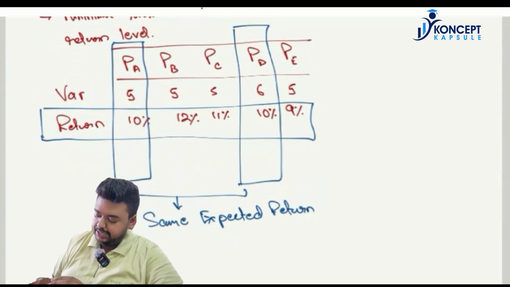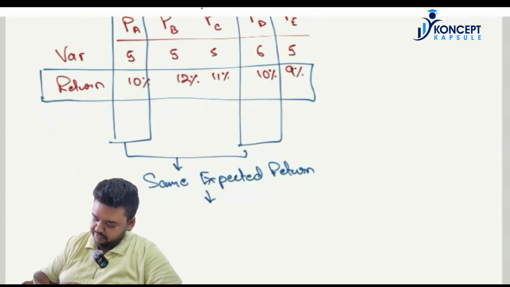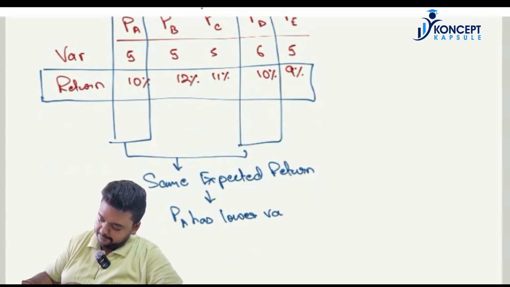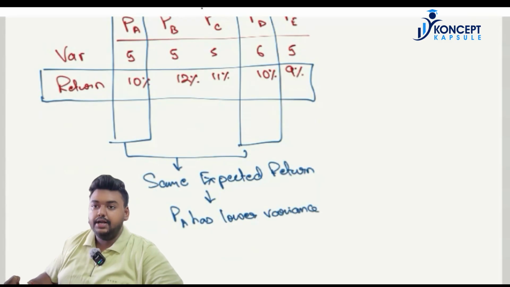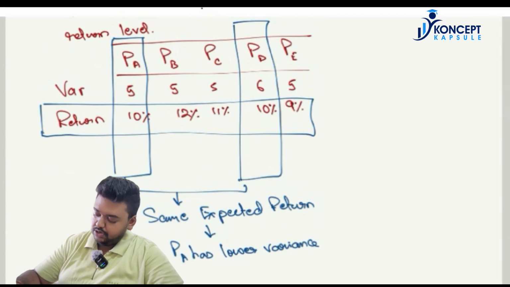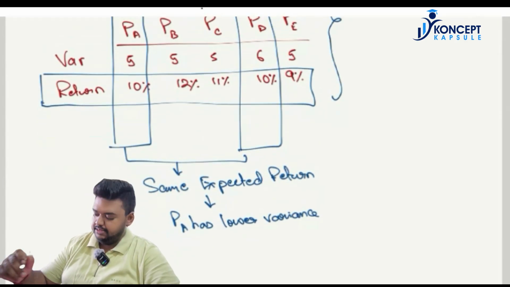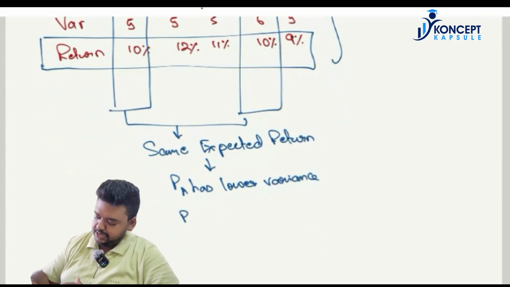But out of PA and PD, where is the variance lower? The variance is lower for PA. Now considering that the entire universe of investment is this only, in this situation, what we will say is PA is a minimum variance portfolio.